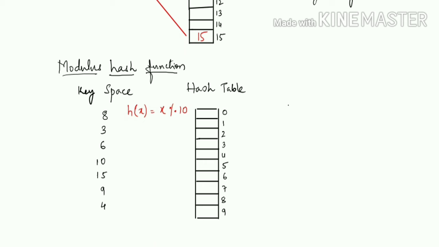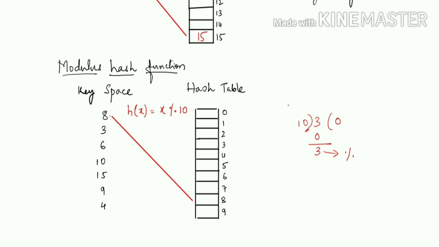Now in that case 8 will be stored, so x is 8, 8 divided by 10, the remainder is 8. So 8 will be stored in location 8. 3 divided by 10 cannot be divided, so it is 10 zeros is 0, so the remainder is 3. So mod refers to the remainder.